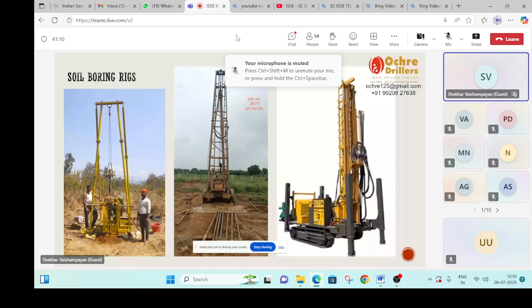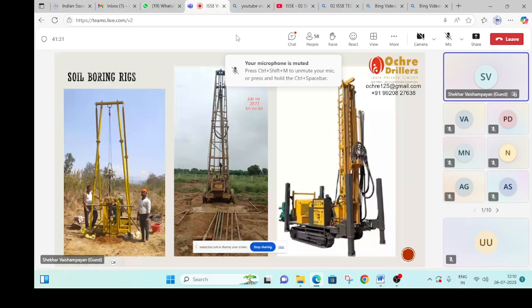A better rig is seen here. It is motorized, sitting on tires, and has higher mass, so longer rods can be used and better progress can be achieved. It is also very good for soils. You can see a long member standing here, which is the drilling rod.